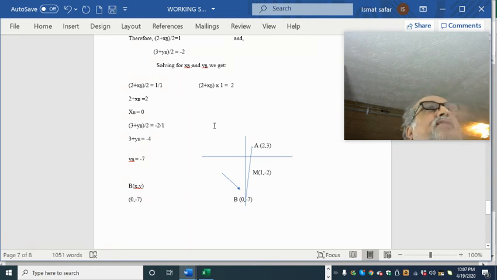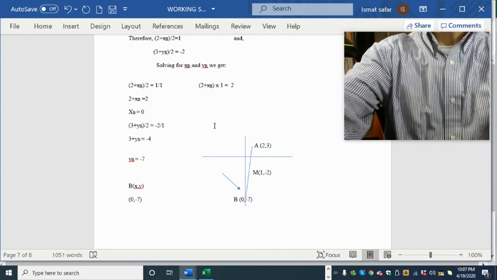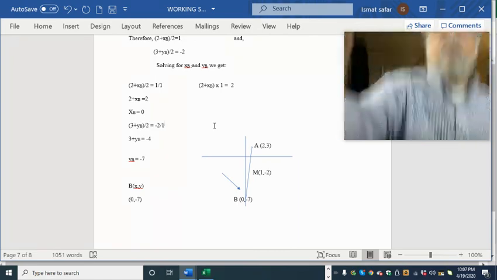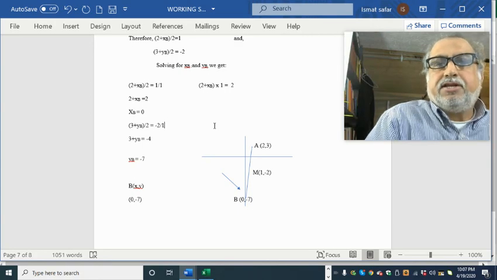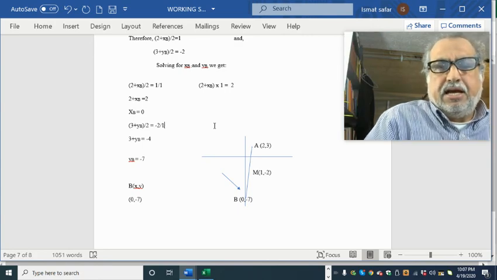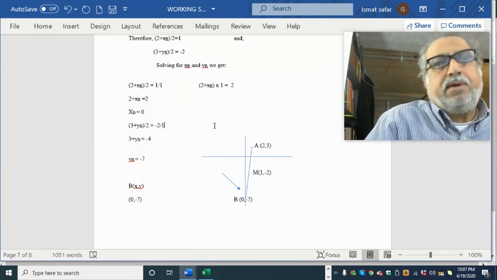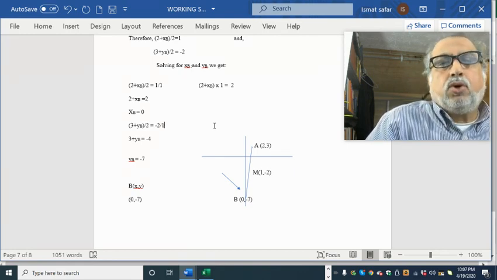Okay, so thank you very much. Do that a couple of times, please. You're going to get the hang of it. Get exercises, change the numbers on the exercise, change the M point and B point numbers, and solve for them.